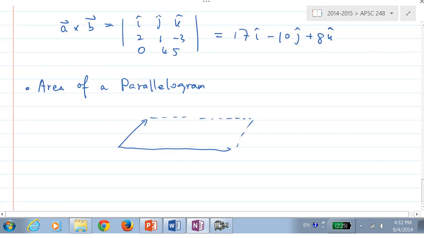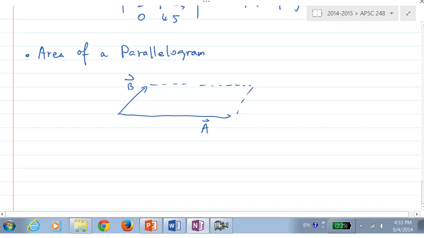Let's say this is A, and this is B. So we're looking for the area of this.